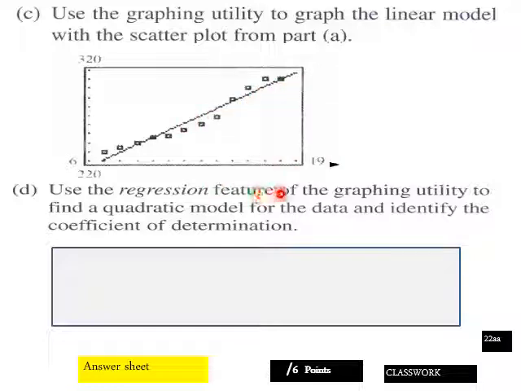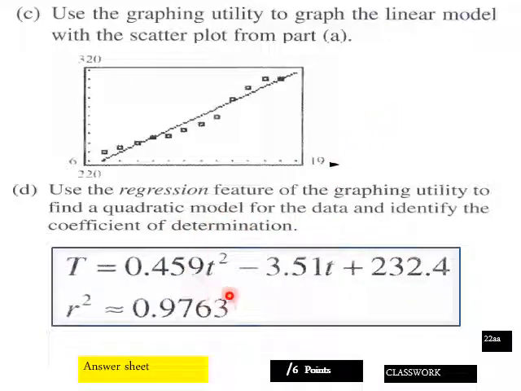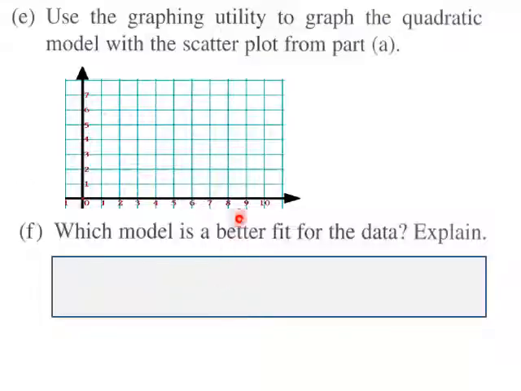Then you use the regression feature of the graphing calculator to find a quadratic model for the data and identify the coefficient of determination. So here is our quadratic model, and our coefficient of determination seems like a higher score, so it's closer to 1. That would make the quadratic model a better fit than the linear model.